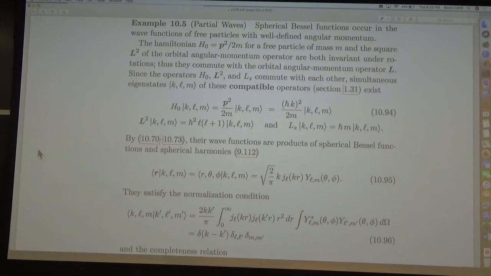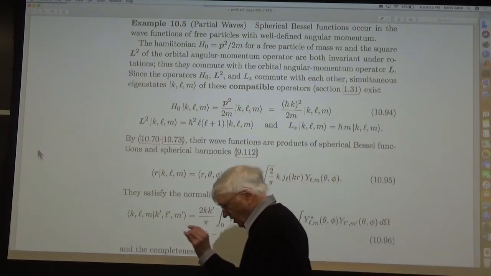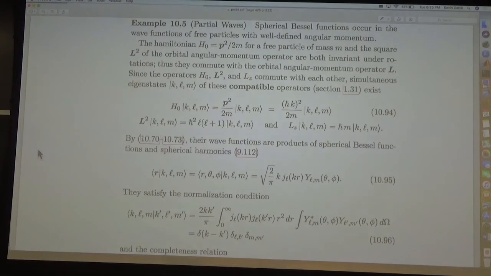We've just seen that the wave function for a free particle is e to the i k dot x minus i omega t, or iEt, and the spherical Bessel functions are the components of the plane wave that have definite angular momentum.